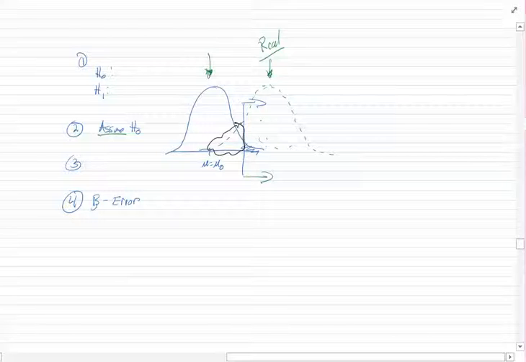Going back to the blue one, this is our hypothesis test. We got a t-value in here. We're not going to reject that, right? We just made a mistake because of the real distribution. So this area right here, that's beta.